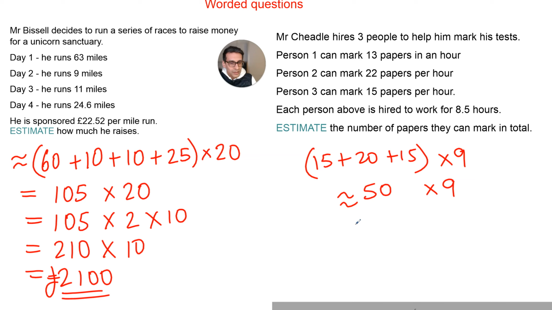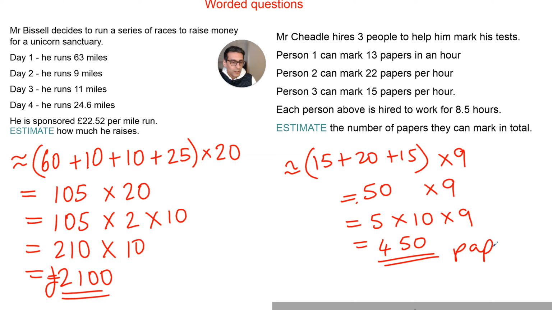So here this is going to be 50 times 9, which is the same as 5 times 10 times 9, which is 5 times 9 times 10, so 45 times 10 is 450. So 450 papers roughly, and you can work out the exact amount by just using your calculator.